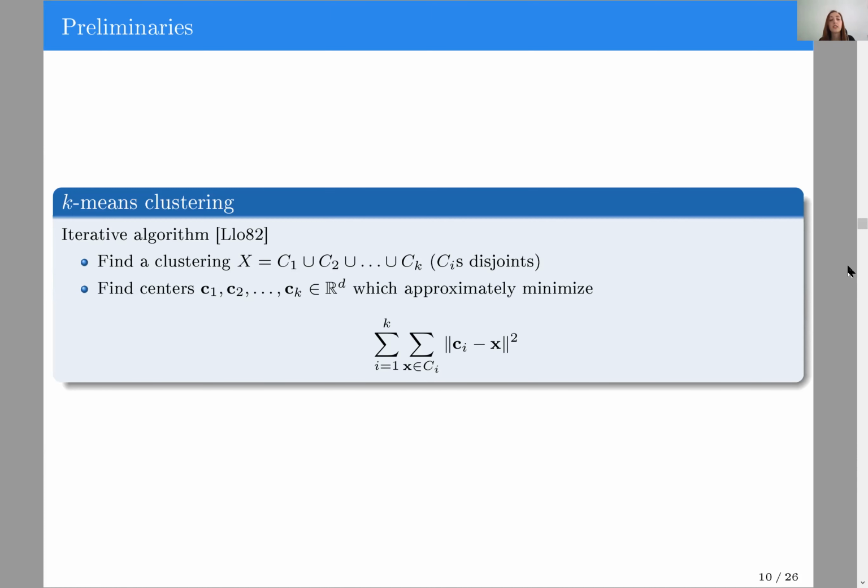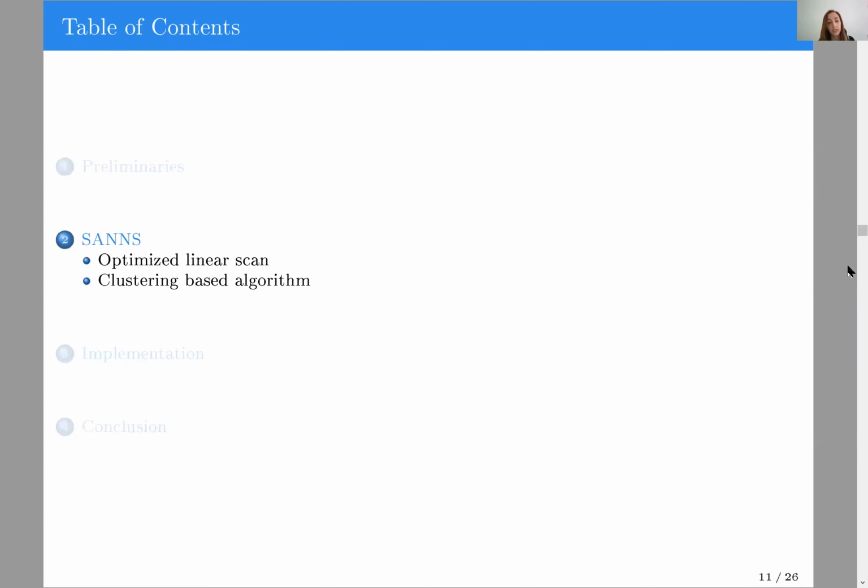As I said, this technique is only going to be used in our optimized algorithm. And as before, we're also going to try to adapt this technique to our setting and apply some little improvements to it. Okay, so those are the preliminaries.